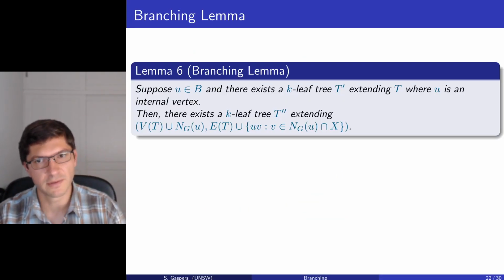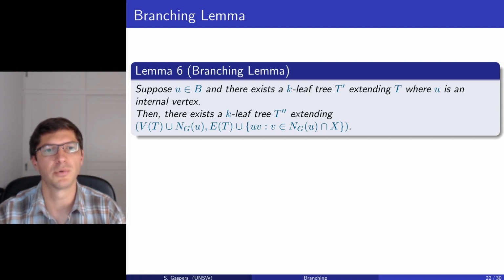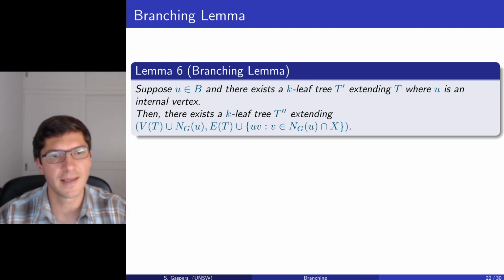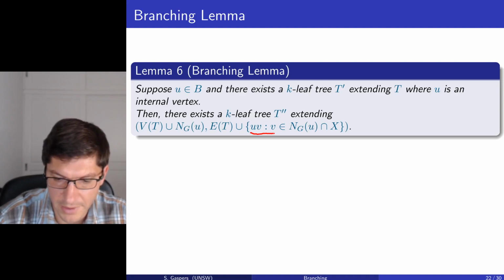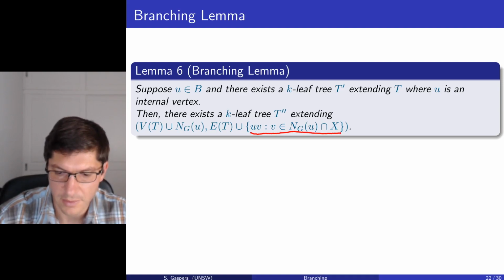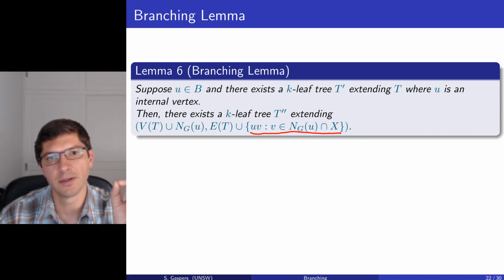If we decide to extend the tree at U, so U becomes an internal vertex, then this branching lemma says that there exists a k-leaf tree, T double prime, that extends the tree that is obtained from T by adding now all the edges where one endpoint is U, this branching node, and the other endpoint is a neighbor of U among the external vertices.